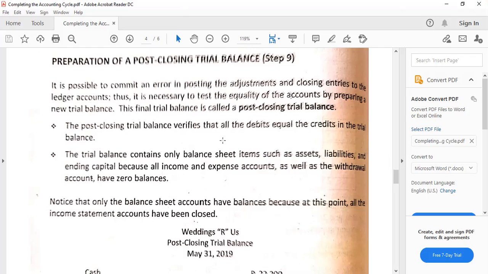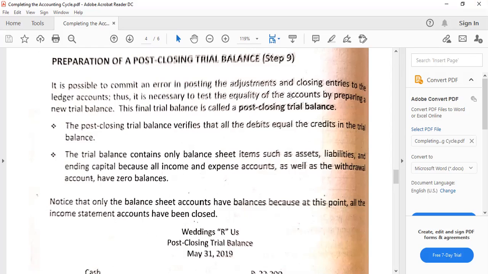So just like when we posted the journal entries to the ledger, we made sure that we are balanced by preparing an unadjusted trial balance. That is step 3. Then after we prepare the adjustments using the worksheet, although worksheet is an optional step, we prepared an adjusted trial balance as part of the form to check that after we have already incorporated the adjustments, we are still balanced.